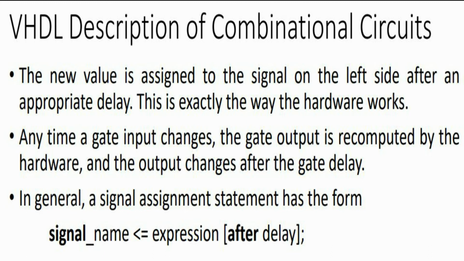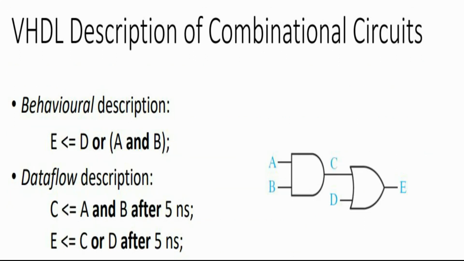The parameters passed in that square bracket are the keyword after and a delay, which is optional. If you add a delay, then the gate or the expression will perform the necessary operation with the time delay that is specified in that square bracket. Now let us have the VHDL description for a combinational circuit which has been given.